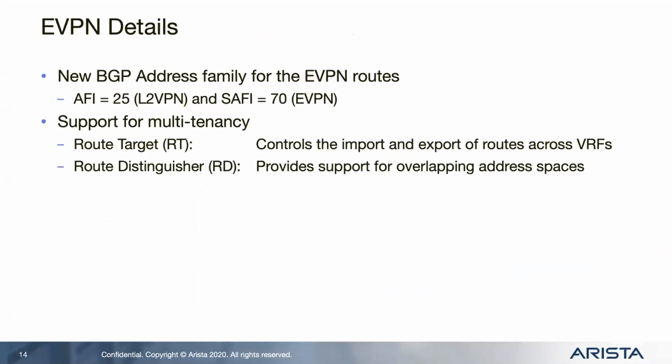So the new address family on BGP allows the exchange of EVPN routes through AFI 25 and the subaddress family 70.